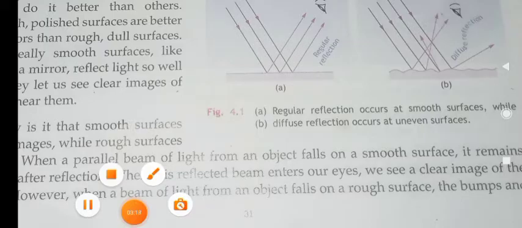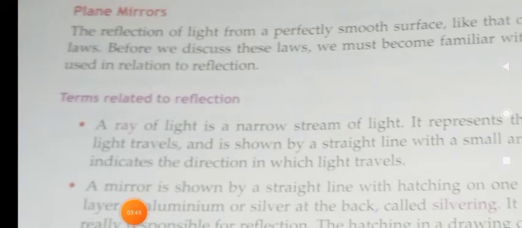For example, this picture is a best example of regular reflection and diffused reflection. In a mirror we have regular reflection, and in the case of plates with water it is diffuse reflection, because the plate is not as smooth as a mirror. Usually plain mirrors undergo regular reflection.